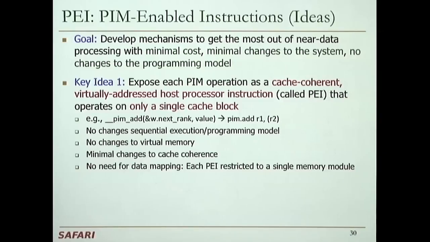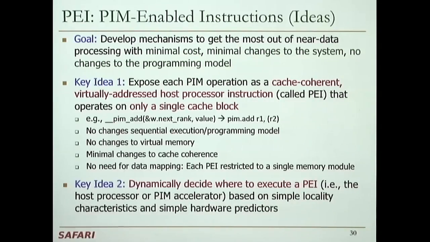And in this case, there's no need for data mapping because each PIM-enabled instruction is restricted to a single memory module because it can operate at the granularity of at most a single cache block. You cannot operate on a large granularity, like RowClone. Remember the row copy? You don't do that in this case. Or row bulk bitwise operations, you don't do that. You just operate on a single cache block, and you know that single cache block is in a single memory module. Right? So the mapping problem goes away.